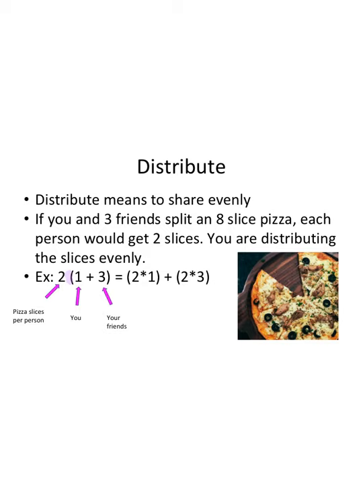So 2 will represent our pizza slices per person. The 1 inside of the parentheses represents you, and the 3 inside of the parentheses represents your 3 friends. So if we want to distribute 2 slices to each person for this 8-slice pizza, we need to multiply 2 by each of the numbers inside of the parentheses. So we're going to multiply 2 times 1, and then 2 times 3 for your 3 friends.